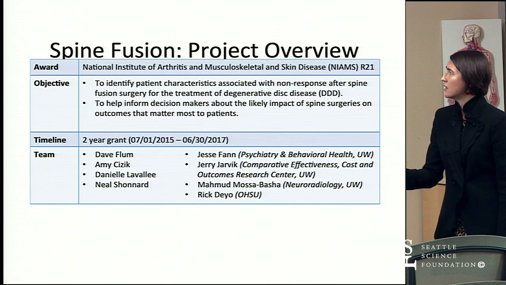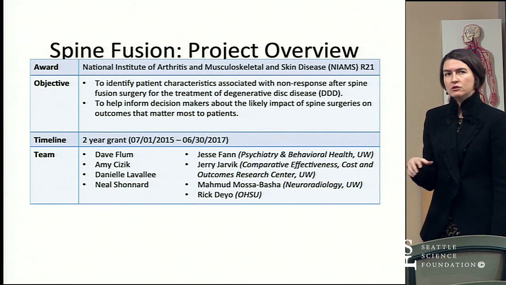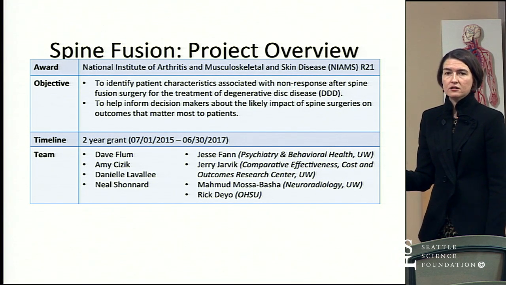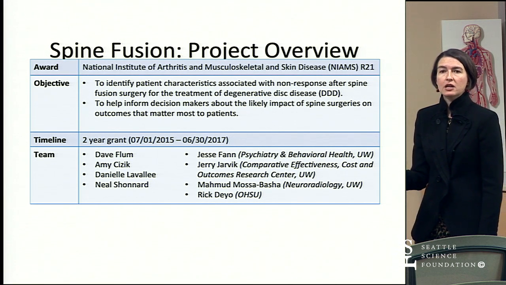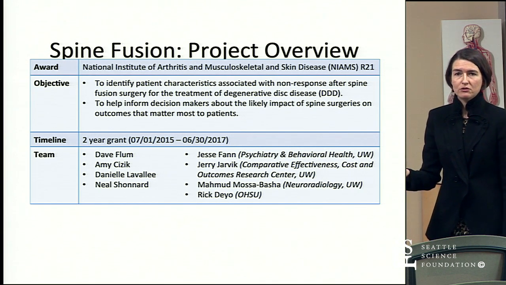So the first project's a spine fusion study. We're identifying characteristics, so doing some prediction models on who responds to fusion. And we're using the ODI and a 15-point change to define somebody who's a responder versus somebody who's not. And you can see our team here, and obviously that team also includes our collaborators.